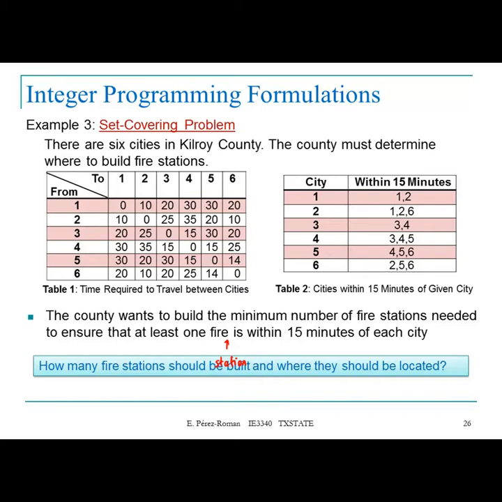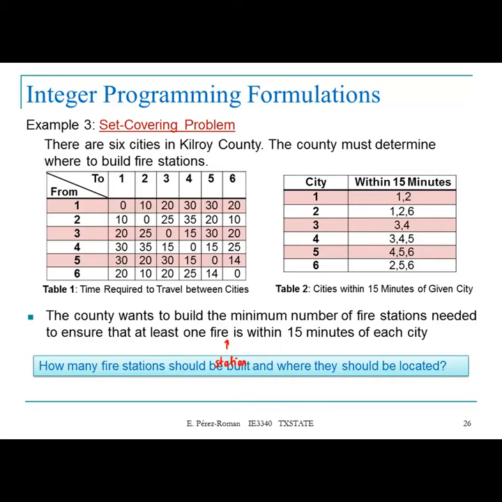Same for city number 2. If you want to reach number 2 in less than 15 minutes, then you need to place a fire station in one of these 3 cities. If you want to reach 3, one of these 2 cities, and so on. So this is the information that you're going to use to build your constraints.